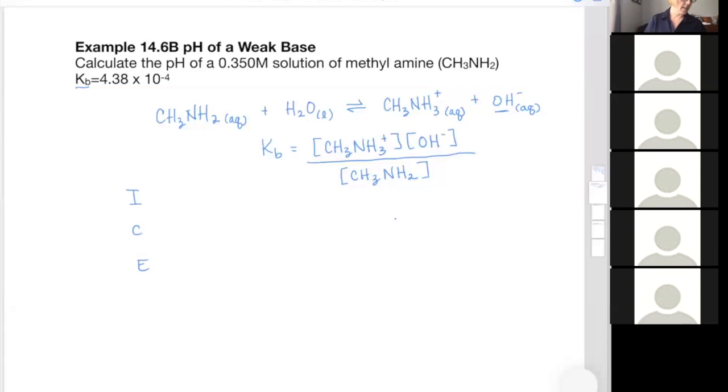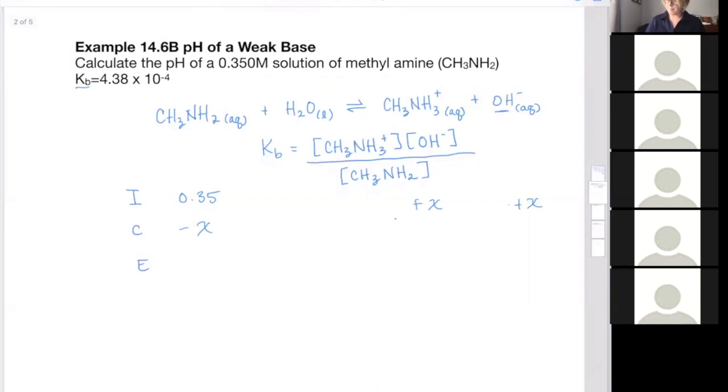So initially we have 0.35 molar methylamine. Over here, we're going to have a negative change, I'm sorry, did I do that right? It should be a positive change, my bad. And this will be the negative. There we go.